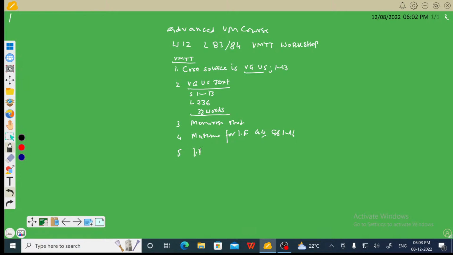Ultimately, integrated format of Sutras 1 to 16 and Upsutras 1 to 13 is to be reached at.